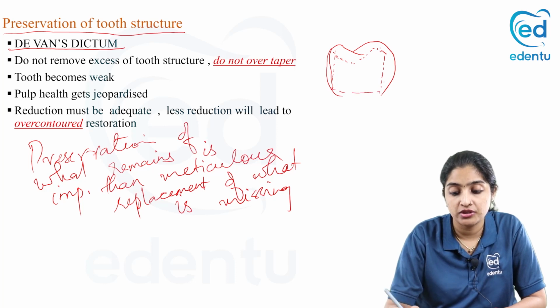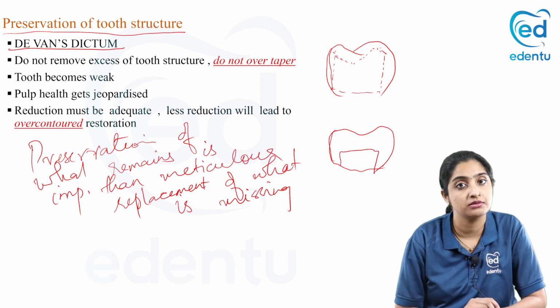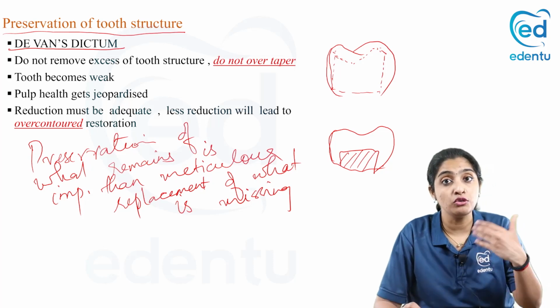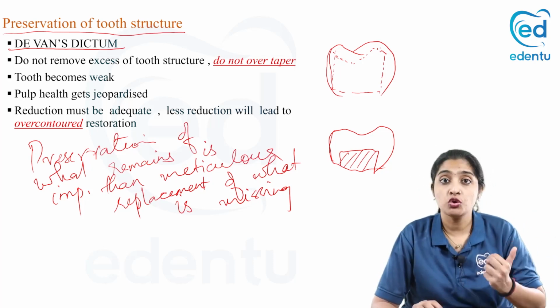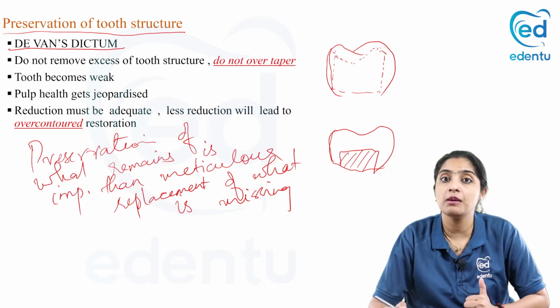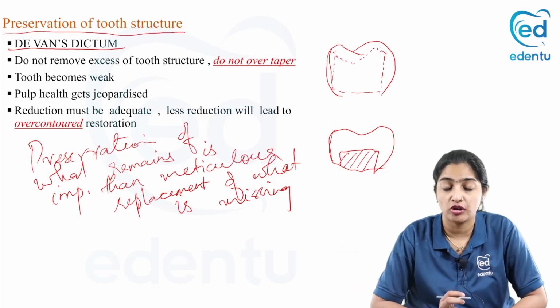You cannot at one stretch reduce a whole tooth into this small a tooth, because you are going to lose out on all the other upcoming factors. First, if you make it so short, the tooth becomes very weak, because a lot of tooth structure is lost.